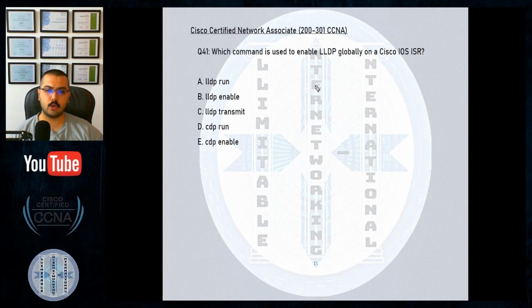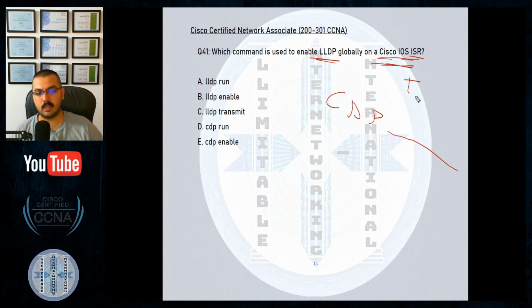41. Which command is used to enable LLDP on a Cisco IOS ISR? You know that CDP is enabled by default on all Cisco devices. By the way, it says Cisco IOS ISR. What is that? Cisco IOS, the software of Cisco, but of the integrated services routers.